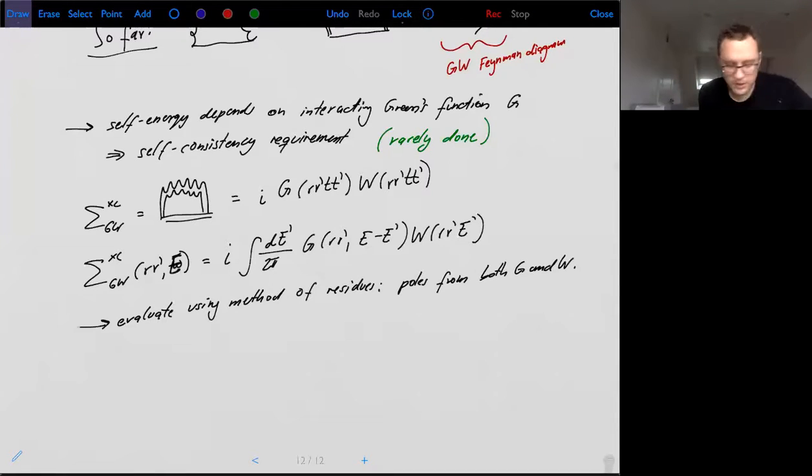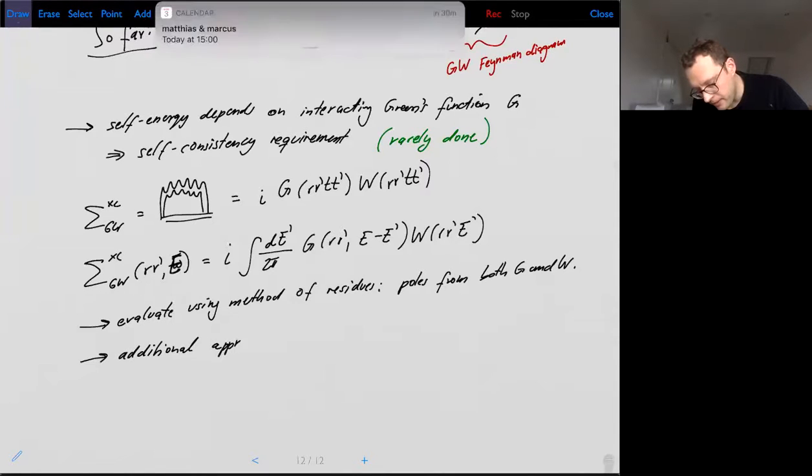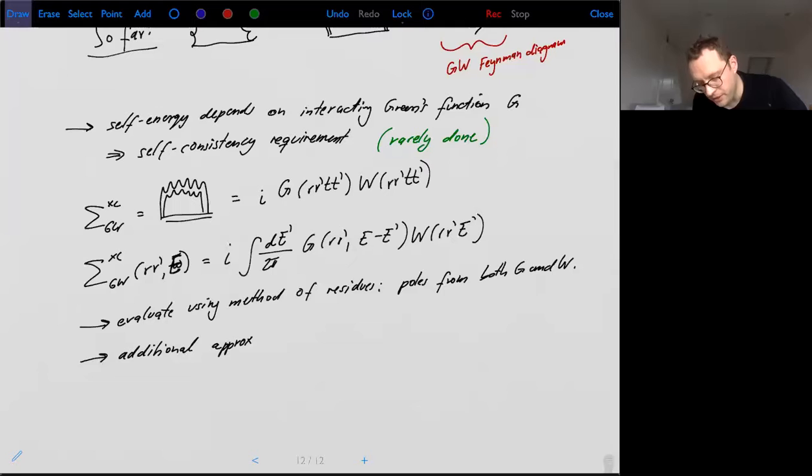Now, what's typically done, as I said, oftentimes people don't evaluate this self-energy self-consistently, but instead they invoke an additional approximation and say that we can approximate the interacting Green's function using the DFT Green's function.